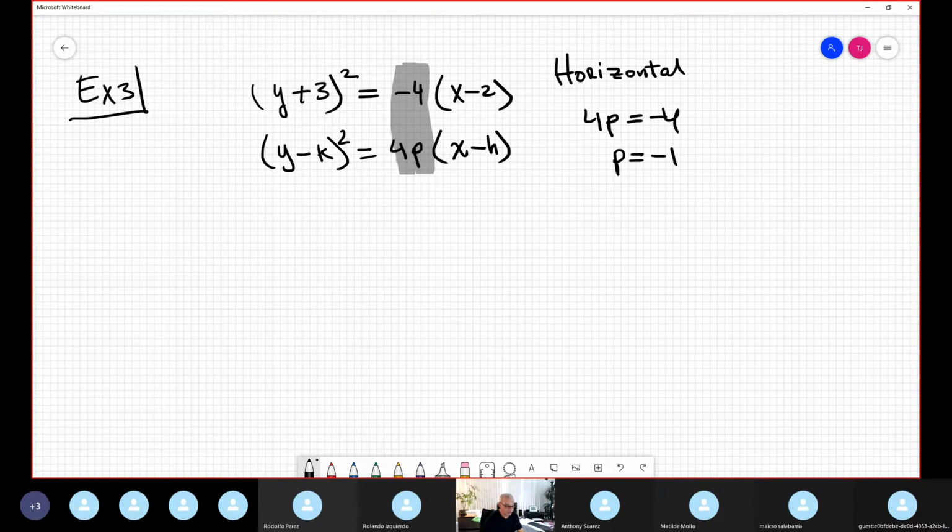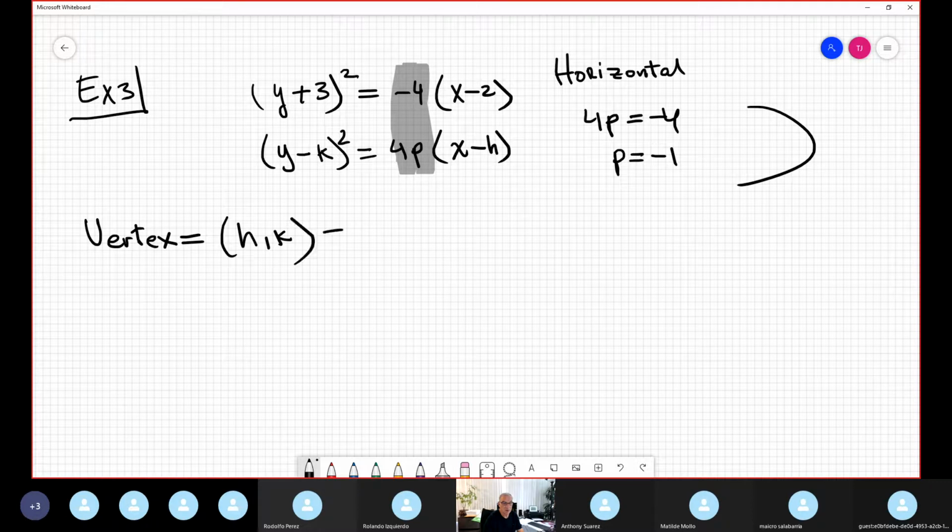In what direction does this parabola open? To the left. So my parabola looks like that. Okay, super. What about the vertex of this parabola? Remember the vertex is (h, k). The only thing you should do is determine who is h and who is k in our specific example.